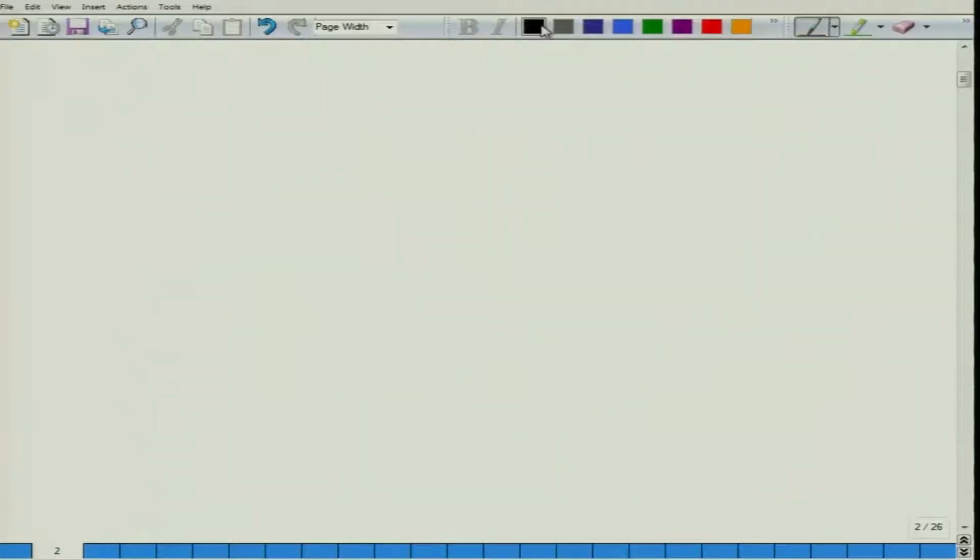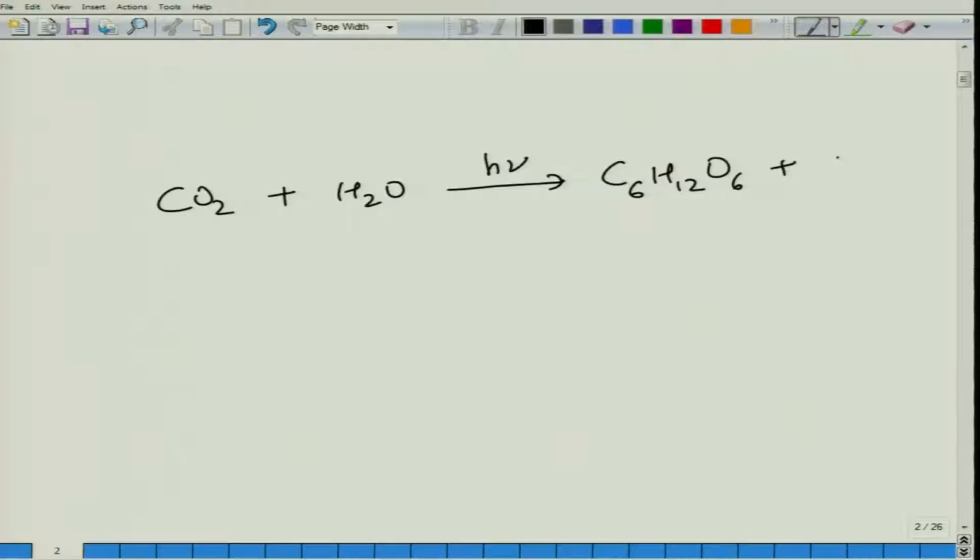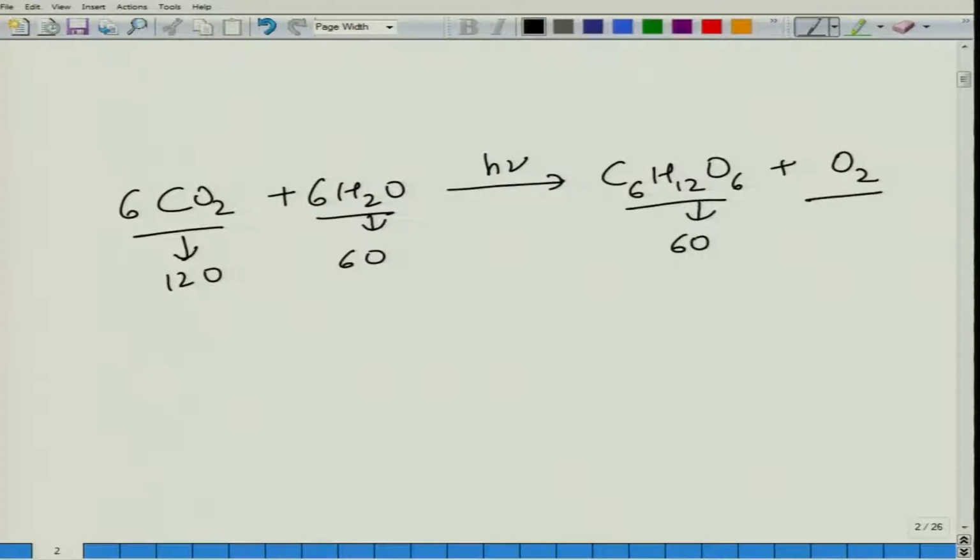A very simple reaction of photosynthesis could be carbon dioxide, which is taken from the air, plus water that is taken from the ground, using the sunlight, and through the process of photosynthesis it gets converted into sugar, for instance glucose, plus oxygen is given out. Now, if we balance this equation, we have 6 CO2 and 6 H2O, giving C6H12O6 plus 6 O2.